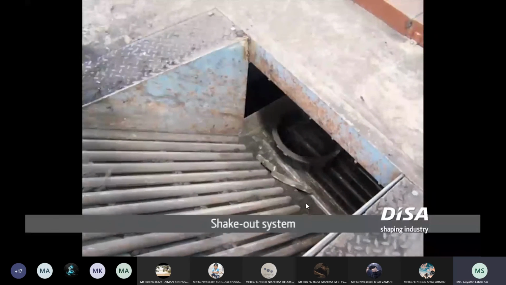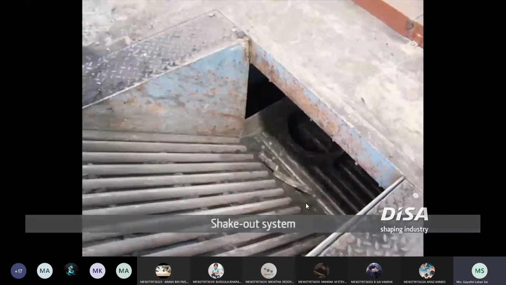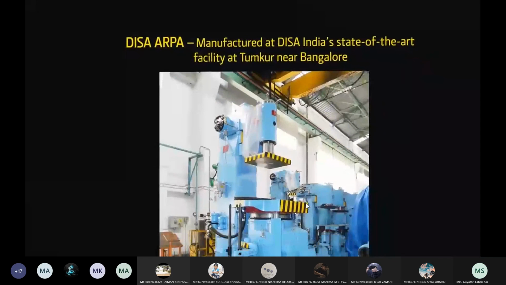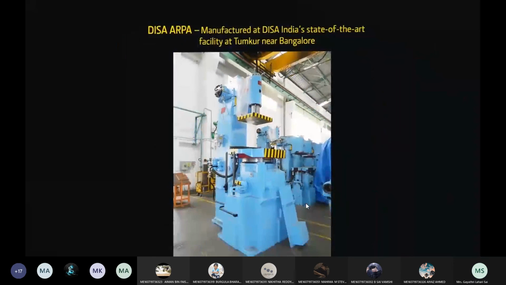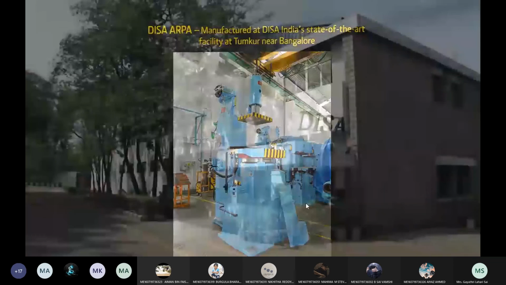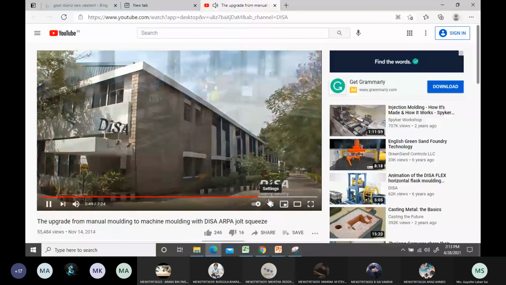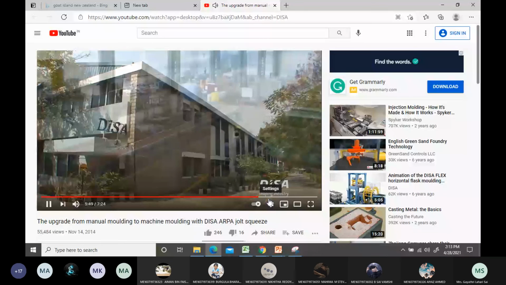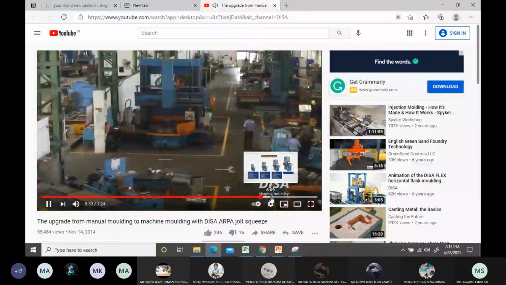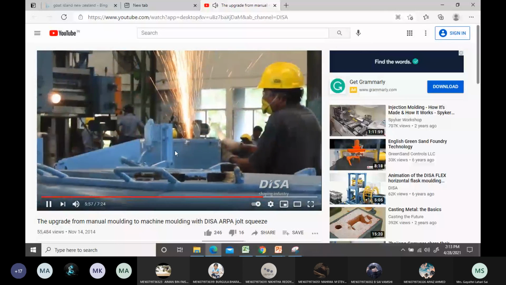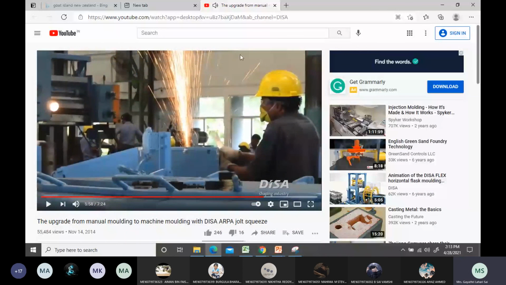This you call fettling. Fettling. I think till here it's enough.